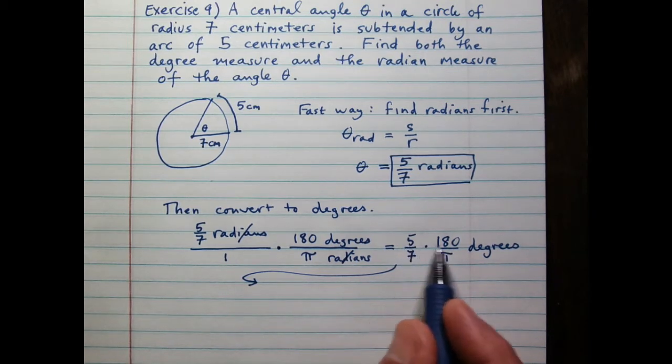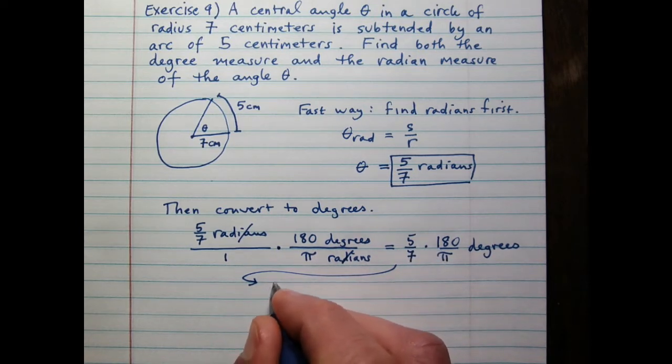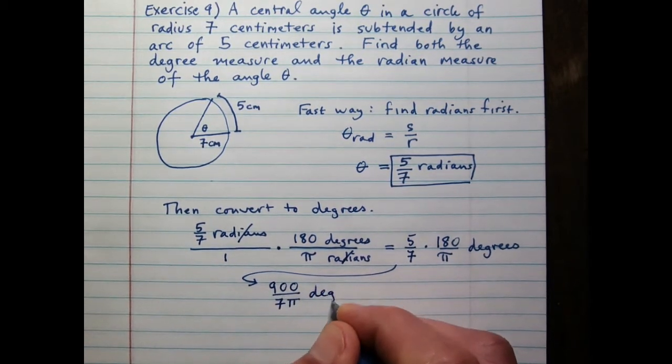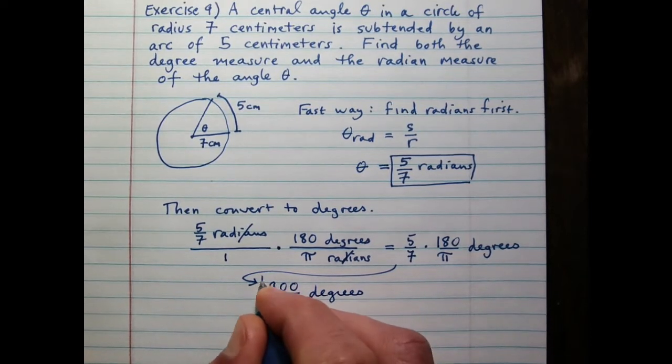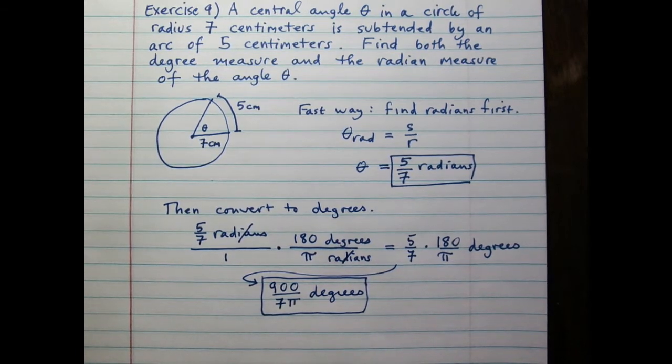So I'm just going to multiply across. 5 times 180 is 900, so 900 over 7 pi degrees is the exact value in degrees. I can't make that pi go away.